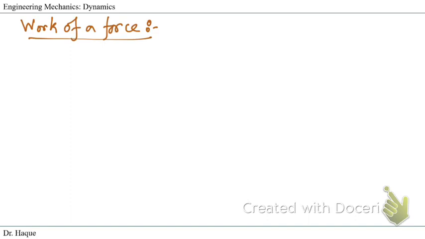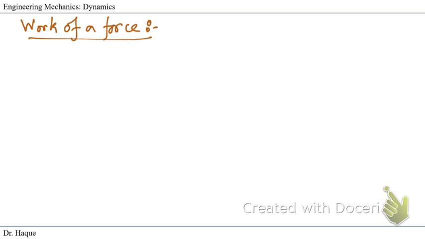If we apply force onto a particle and it undergoes a displacement in the direction of the force being applied, then we can say some work is being done. So there has to be a force, and then there has to be a movement or displacement along the direction of force. Then we can call it work.